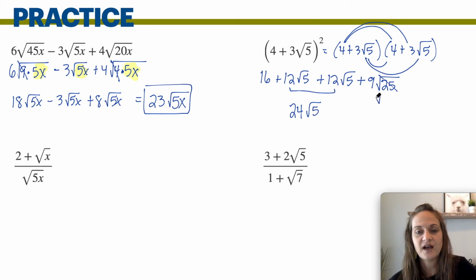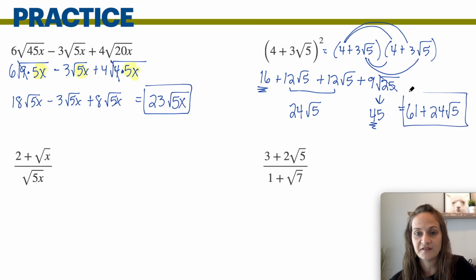Square root of 25 is 5. 5 times 9 is 45. So this 16 and this 45 you can combine to give you 61, and then you have 24 square roots of 5 left over.